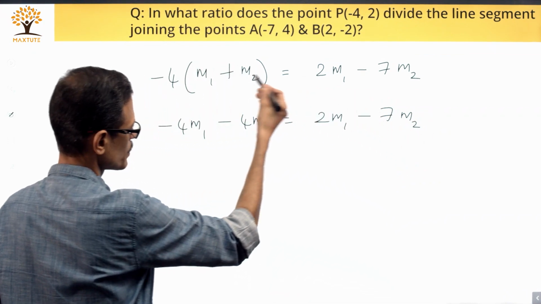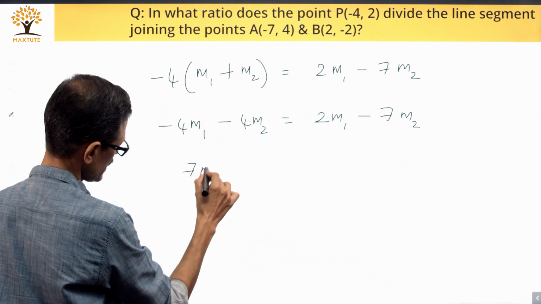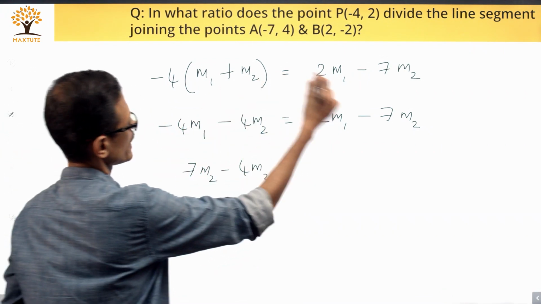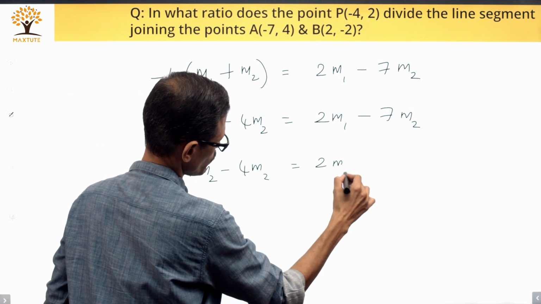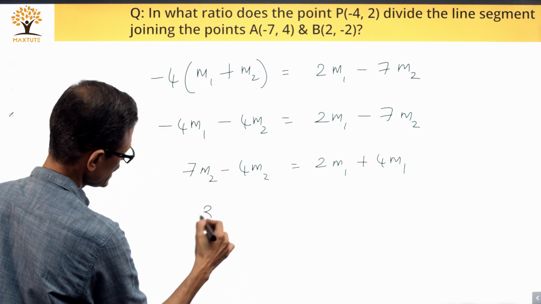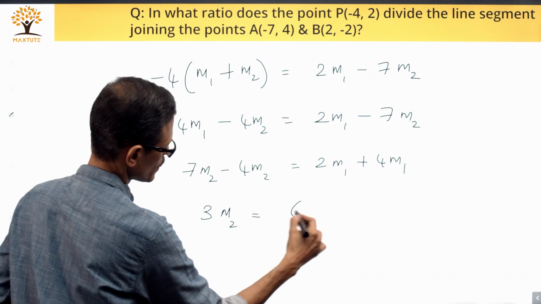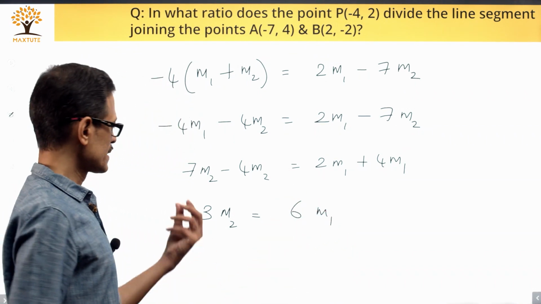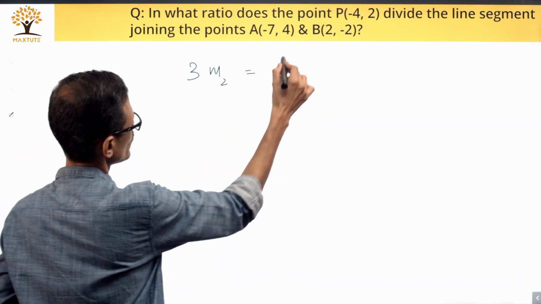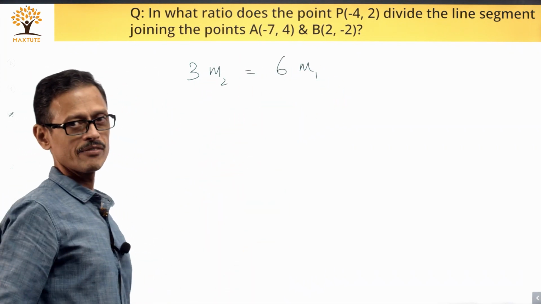Take the minus 7 m2 to the left hand side, that will become 7 m2 minus 4 m2. Take the minus 4 m1 to the right hand side, that is going to become 2 m1 plus 4 m1. So, the entire equation becomes 3 m2 is equal to 6 m1.